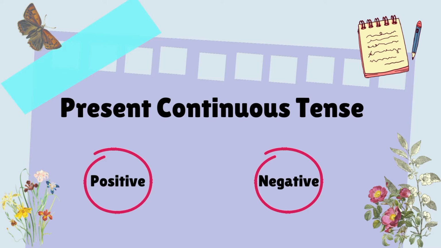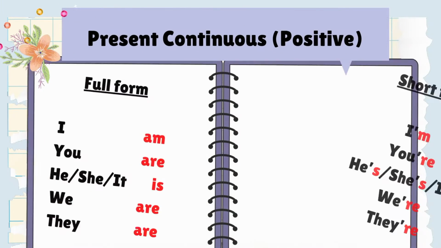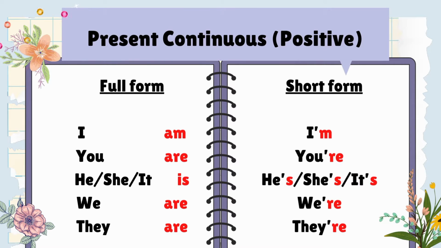There are two types of present continuous tense that we are going to learn today: positive and negative. So let's get into it. The first one, present continuous positive. Let's see the difference, how to write in full form and short form. Full form: I am, you are, he is, she is, it is, we are, they are.